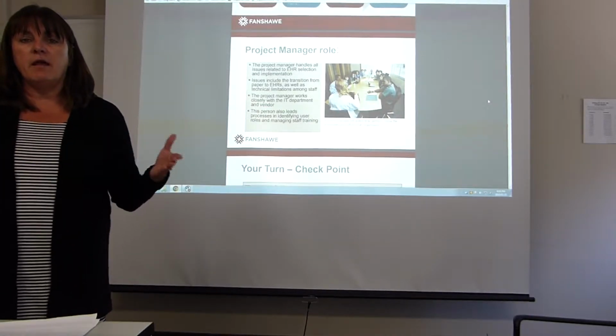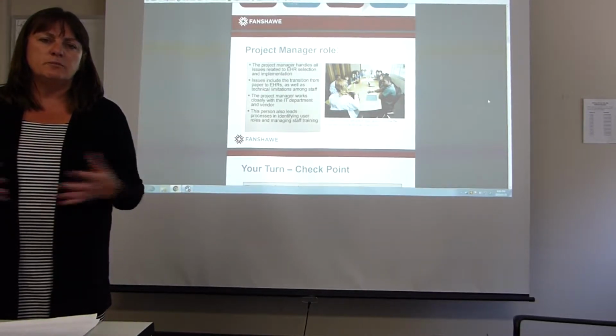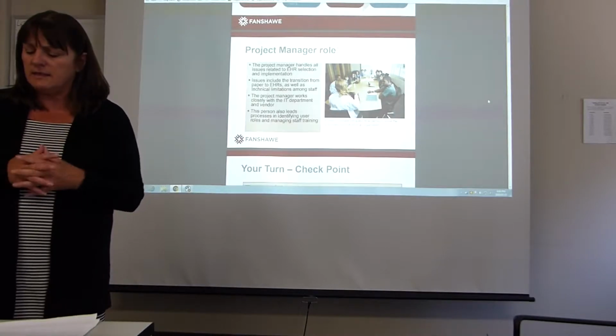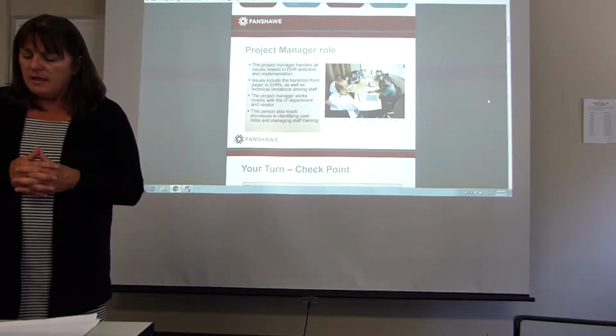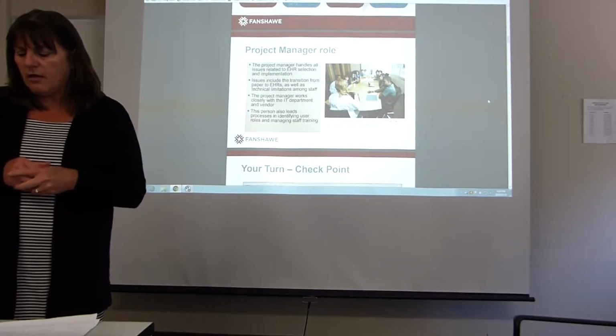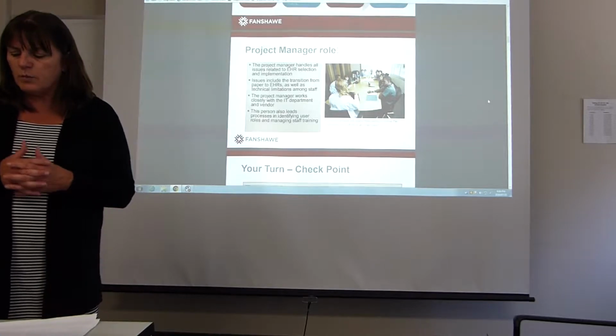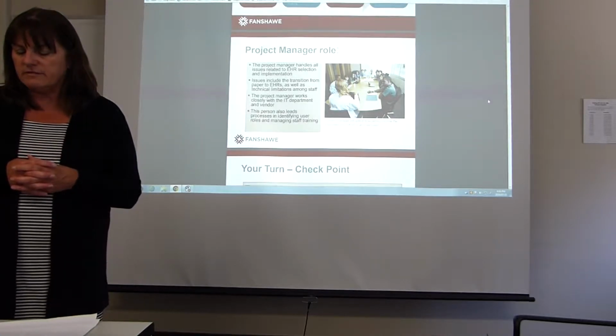So they have to plan out that request for proposal process or the request for information process and seek out the vendors. Issues include the transition from the paper to the electronic health record and managing the people side of change of that, as well as the technical limitations of staff.